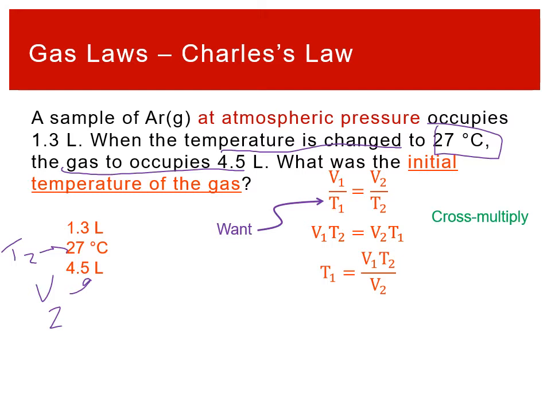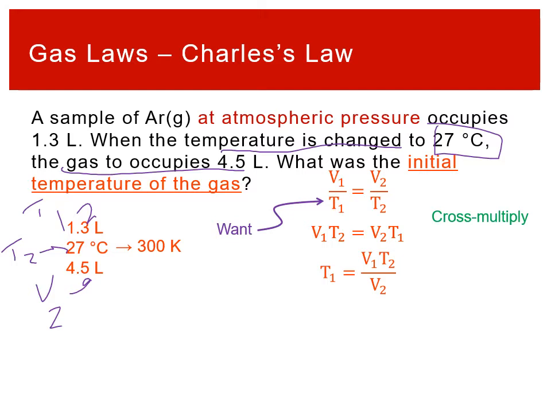So here, because 27 is the final temperature, 4.5 liters has to be the final volume. Okay, so then that also means that 1.3 liters is my V1, which we expect, since in the language it says a sample just occupies that. Then the temperature is changed, so that causes the effect. So we can go ahead and plug all those in.